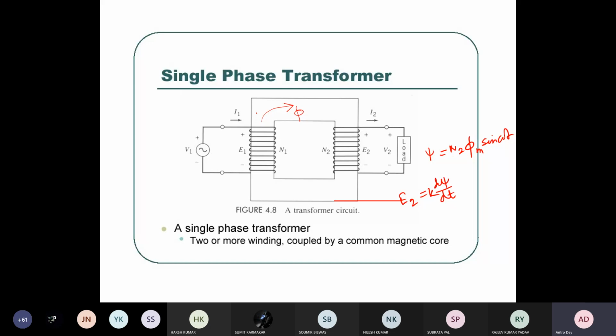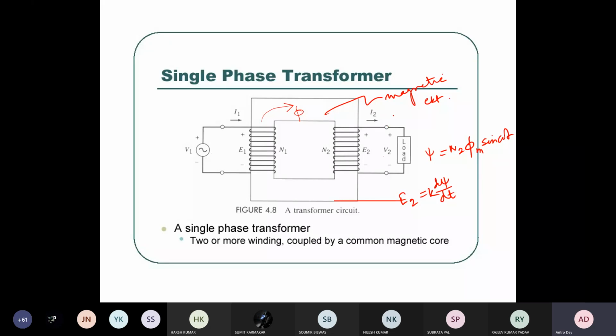This is your magnetic circuit, which is responsible for connecting your coil 1 with your coil 2.